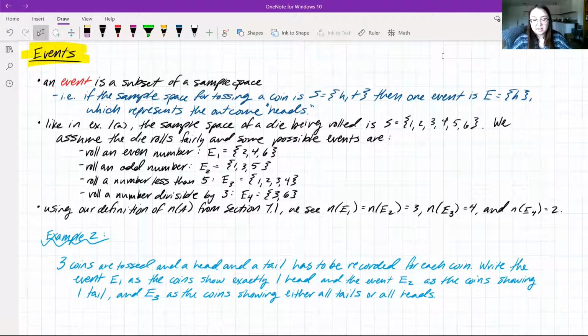Then n(E3) is going to equal 4, because we have 4 elements in the set. And then n(E4) is equal to 2, so there are only 2 elements in the set. So we can use the same definition for events and sample spaces as well.